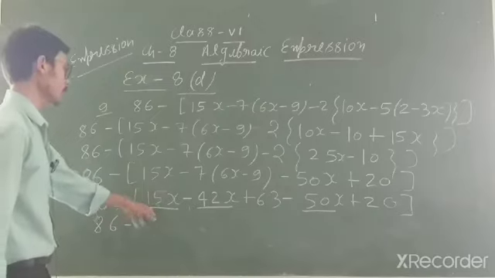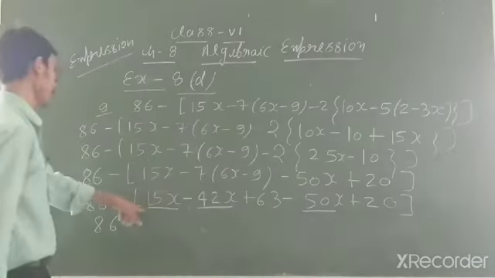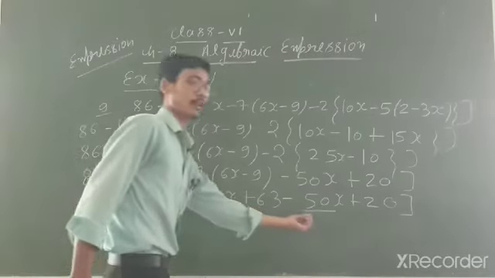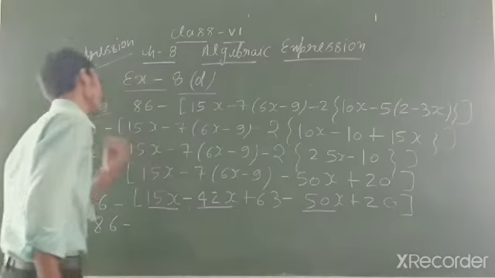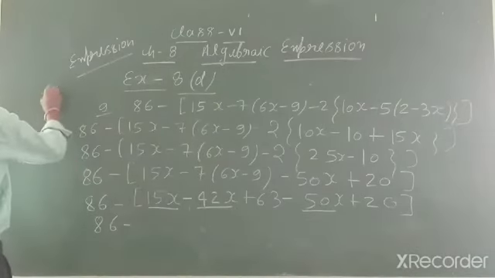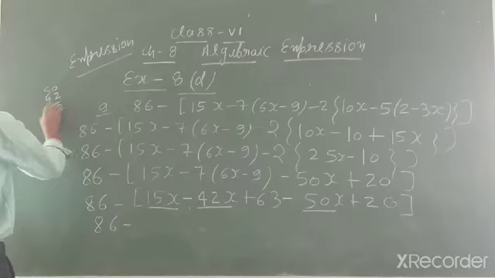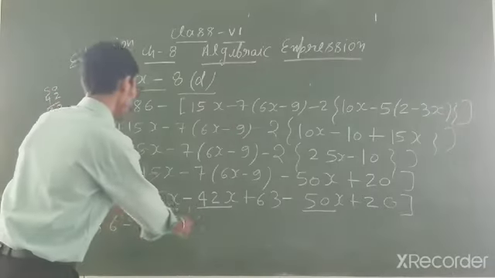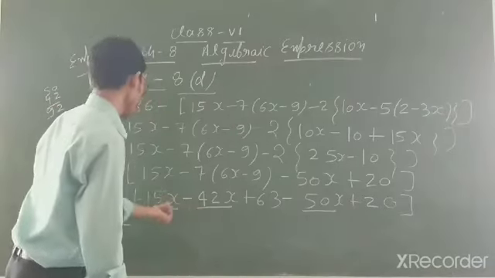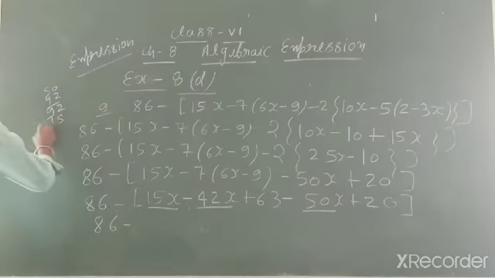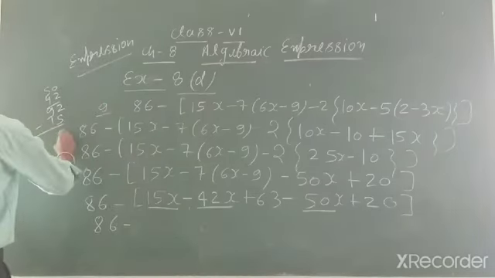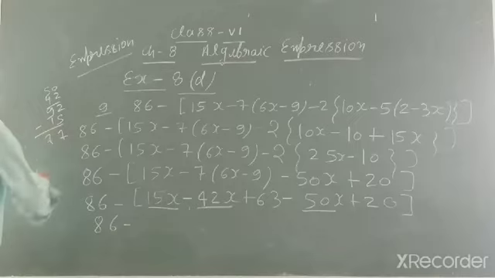So first you will solve this one. 50 minus is given and 42 minus is given. So first you will solve minus and minus. 50 and 42 will add. This will become 92. This is minus. So 15 you will subtract. 92 minus 15 is 77. Clear?